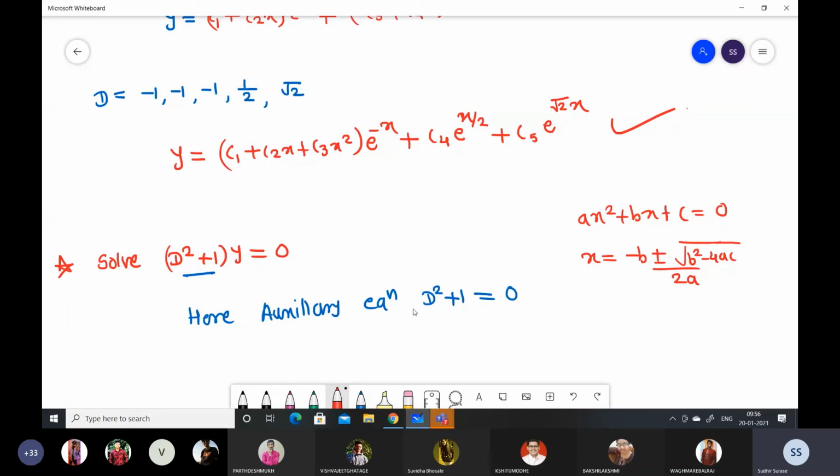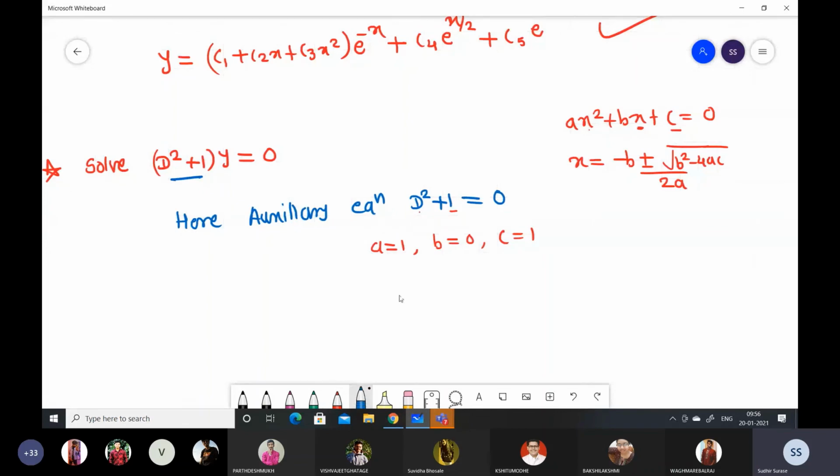Coefficient of d square is 1, so the value of a is 1, and coefficient of d is absent, therefore it is 0, so b is 0, and the constant c is 1. Now put all these values in this formula, and instead of x we will have d.